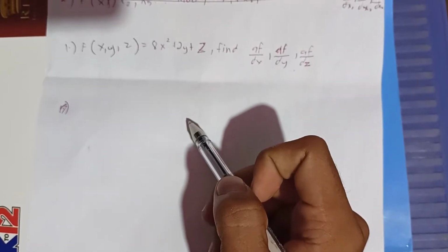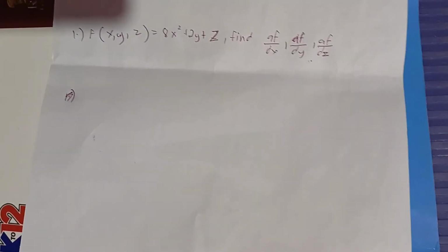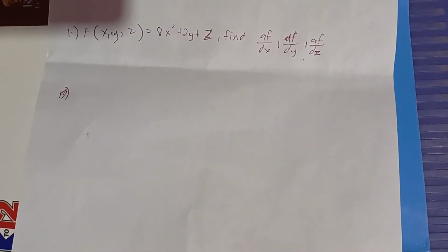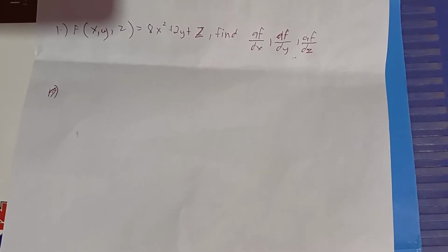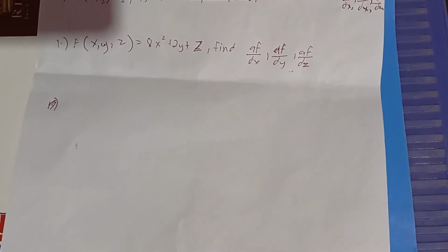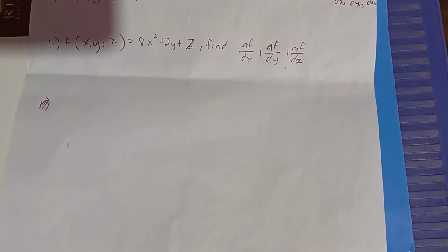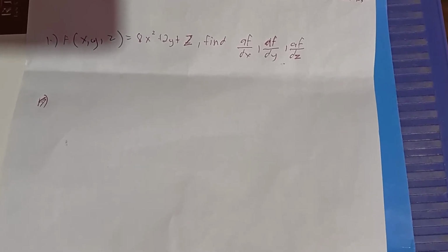The function f(x, y, z) equals 8x squared plus 2y plus z. Now find ∂f/∂x, ∂f/∂y, ∂f/∂z.